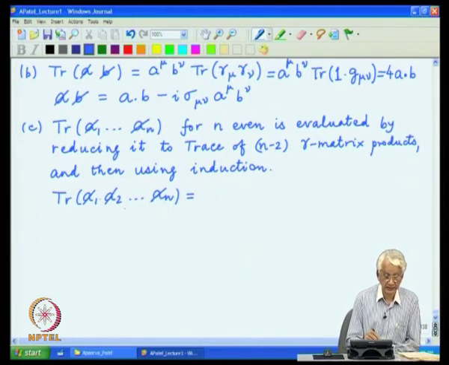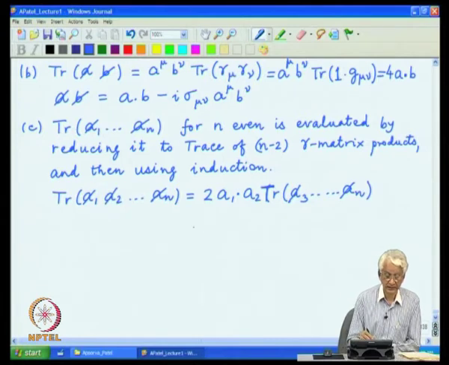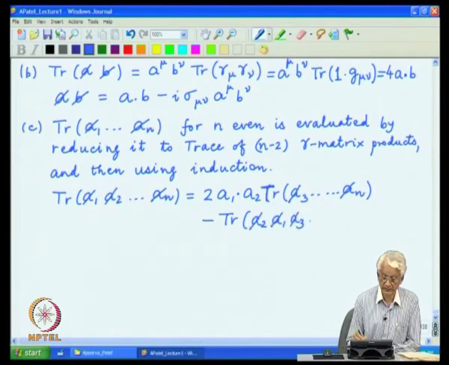and A2. It has a 2 times G mu nu part, which produces 2 A1 dot A2, and then the trace of the remaining part, which now can be A3 slash up to AN slash, and then the term containing gamma matrix in the opposite order, which gives a minus sign contribution with A2 slash A1 slash and then A3 slash all the way to AN slash.